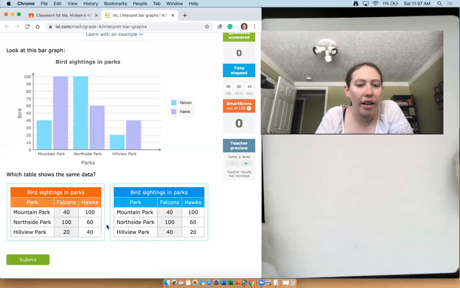And then here I have two tables that go along with it. So falcons are in the light blue and hawks are in this lavender, the purplish color.